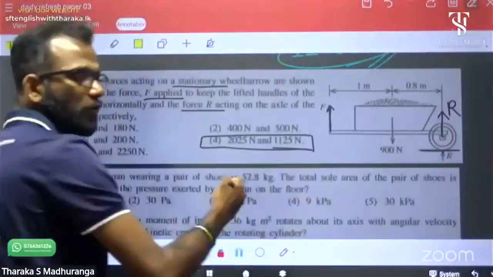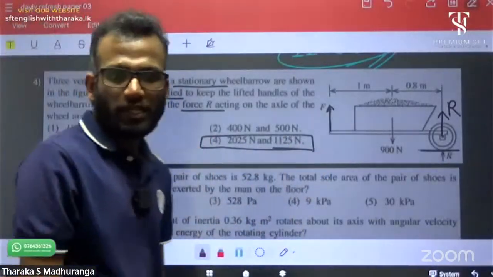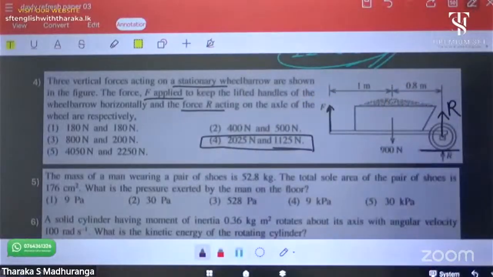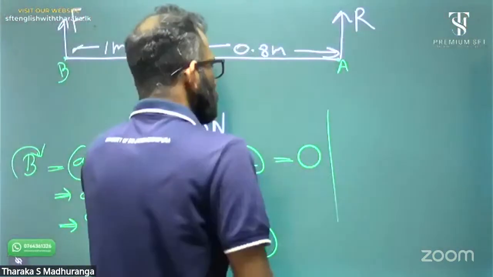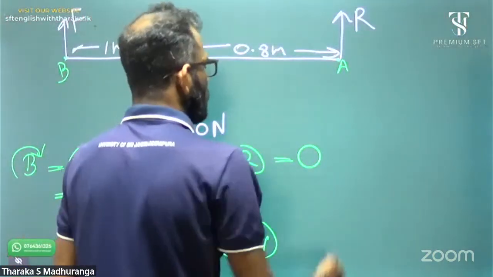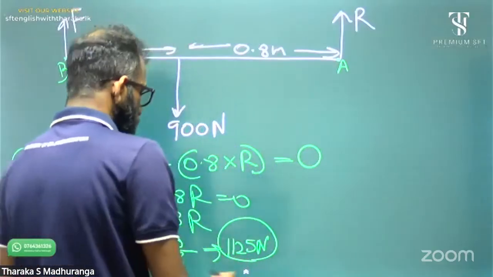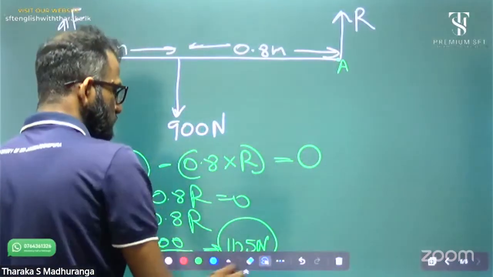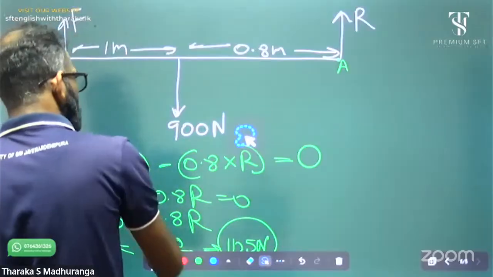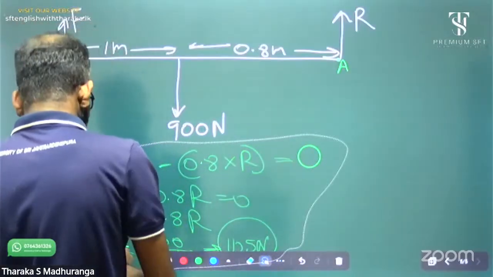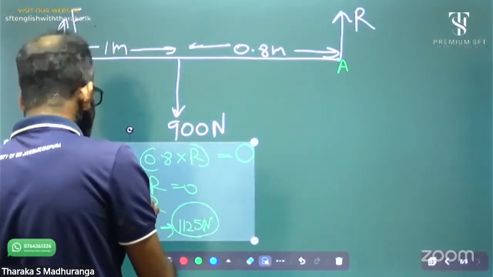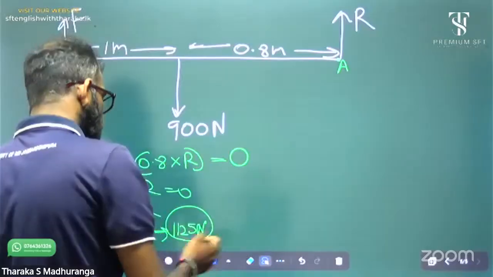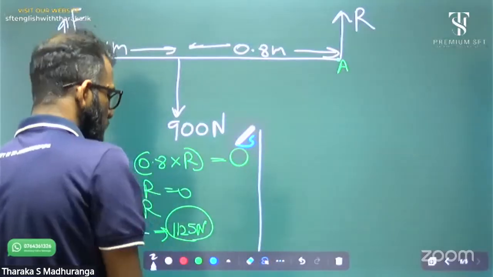Therefore, you don't need to calculate F for this MCQ, though I will show you how to get 2025 for F. In an MCQ paper, you have to be careful always to manage your time. That is very important in the exam.